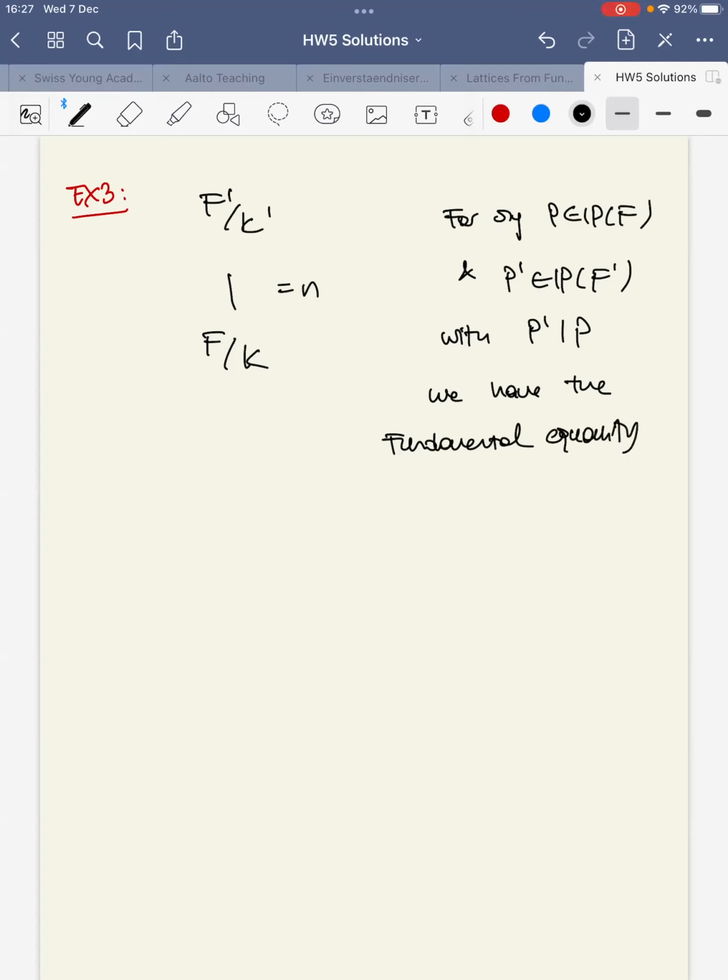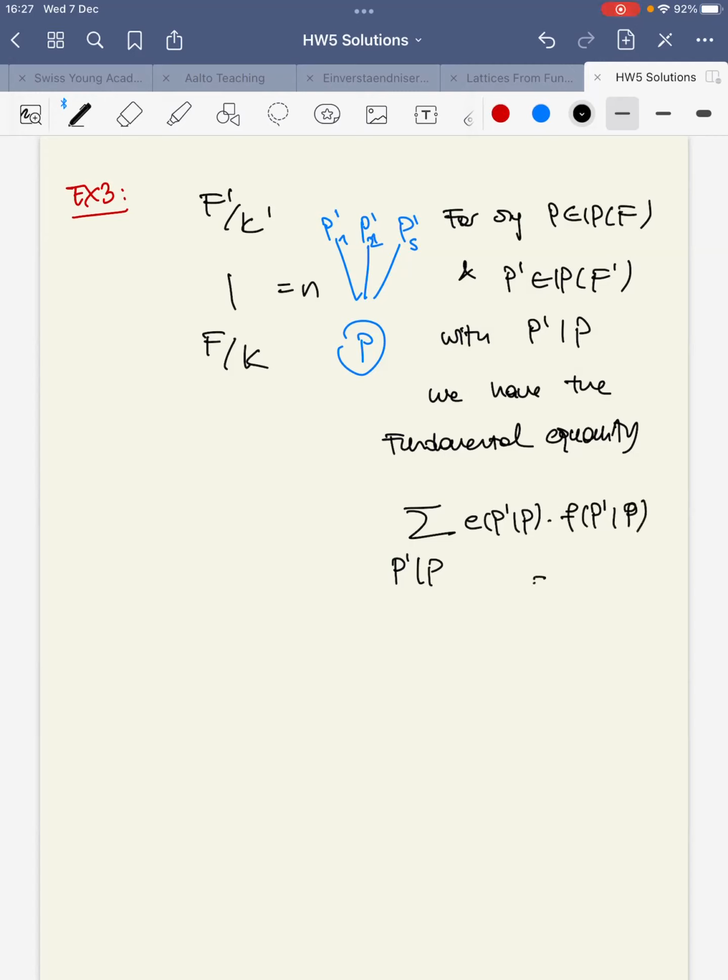This equality tells us that if you consider all places which lie above the given P, then the ramification index times the relative degree, summed over them, should be equal to the extension degree n.